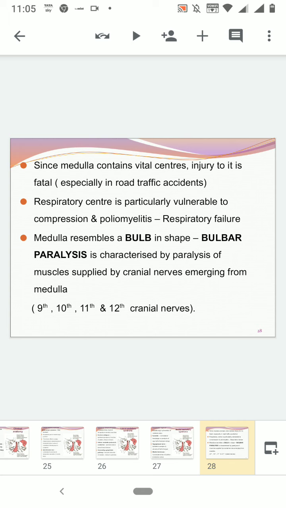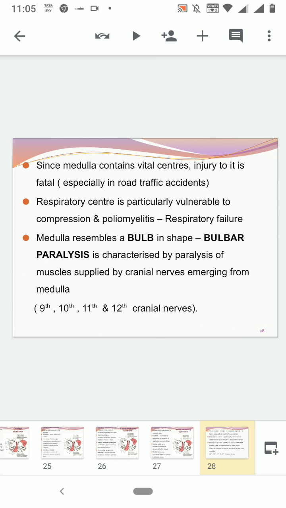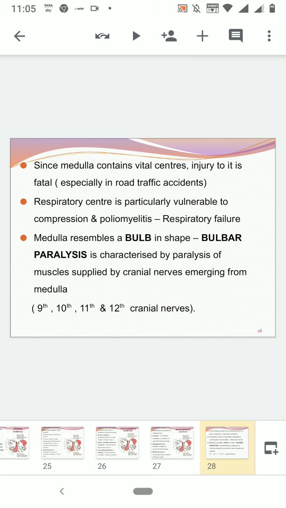You have the dorsal nucleus of vagus, the nucleus ambiguus, and the tractus solitarius, which carries taste sensation. So you have all these nuclei at the upper part of the medulla.